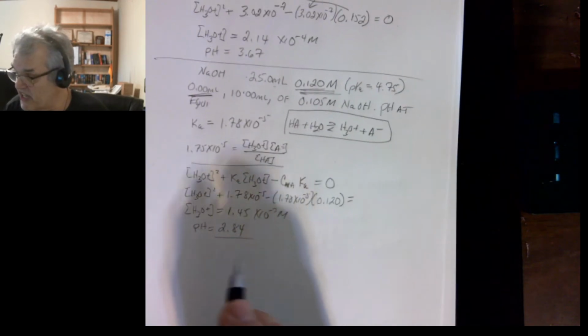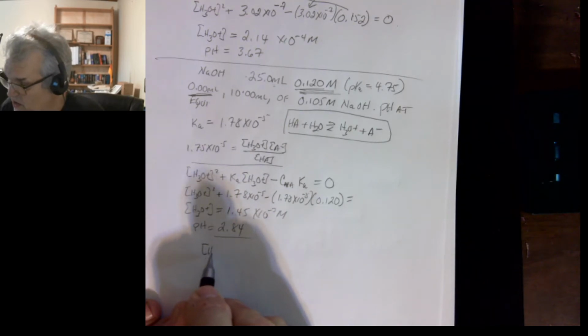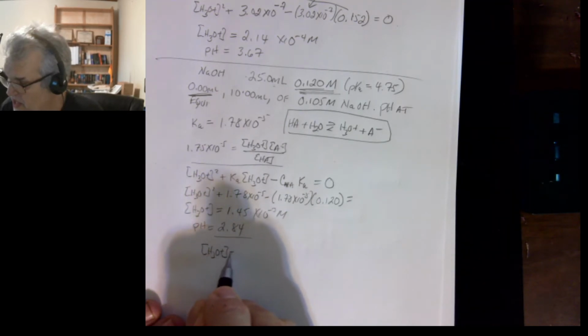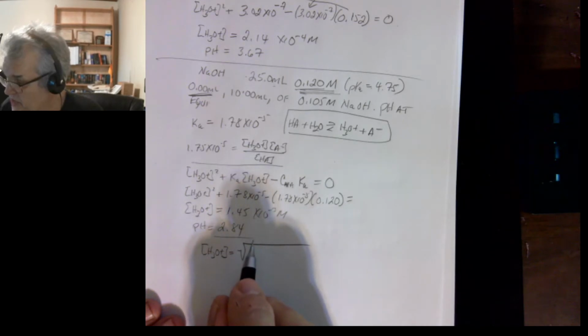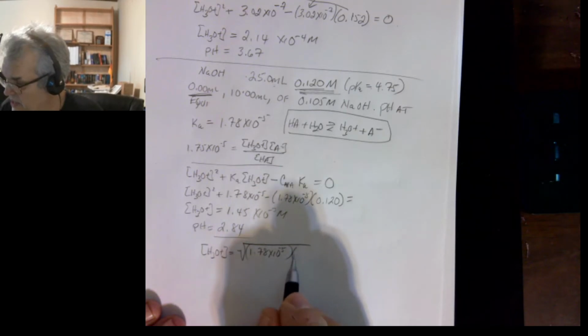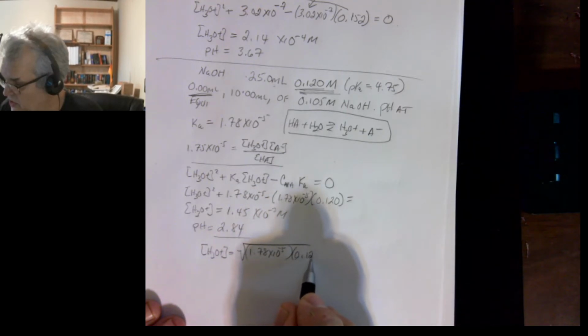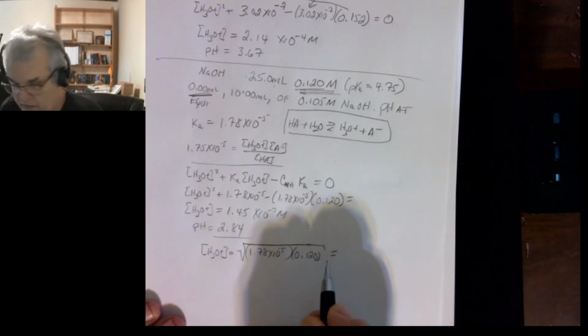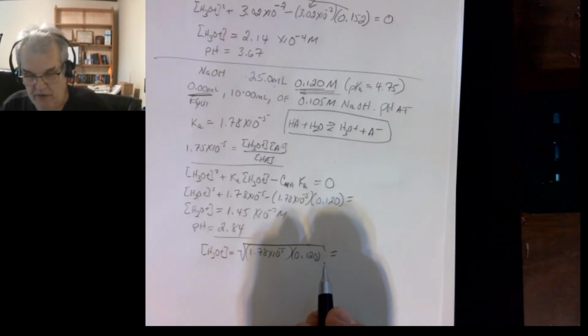Let's see if it works here. We're going to say the hydronium ion concentration is equal to the square root of our Ka, 1.78 times 10 to the negative 5, times our CHA, 0.120. If we plug that in, what do we get?